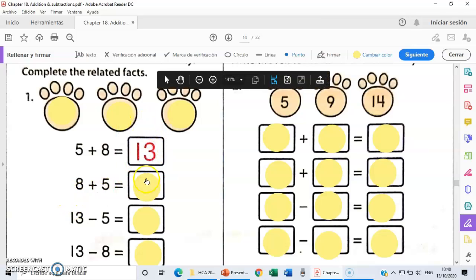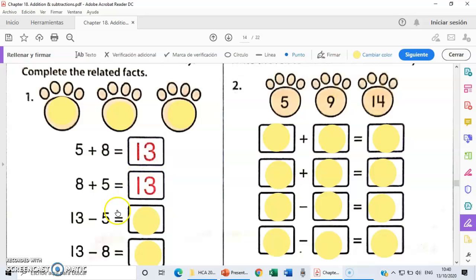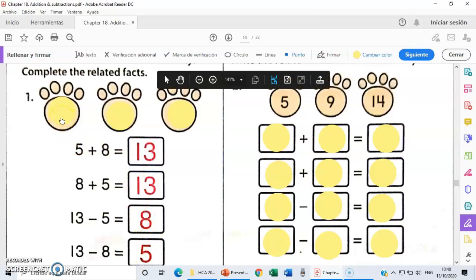So 8 plus 5 is 13. 13 minus 5, remember you have it here, it's 8. 13 minus 8 is going to be 5. So what are the fact family numbers here? You've got 5, you got 8, and then you got 13. Good job.